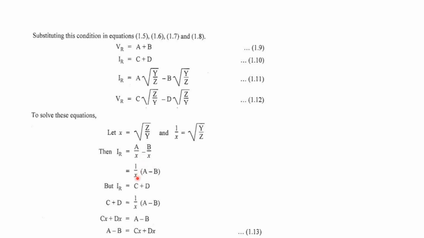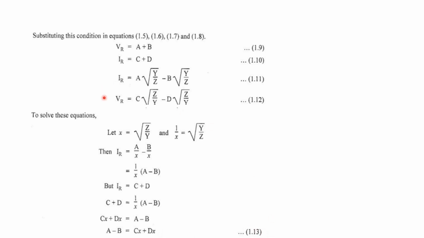Taking 1 by x outside, this becomes 1 by x into A minus B. And IR we know from equation 10 is C plus D. So we replace IR by C plus D. Therefore the equation becomes C plus D equal to 1 by x into A minus B. Multiplying x on the left side of the equation, this becomes Cx plus Dx equal to A minus B. Therefore A minus B equal to Cx plus Dx. This is equation number 13.